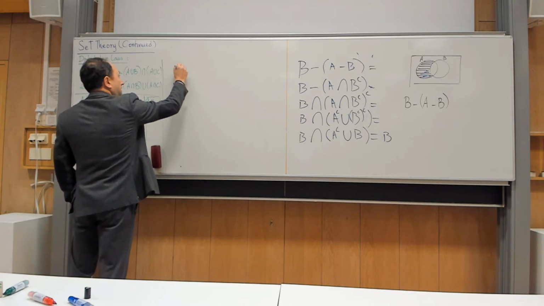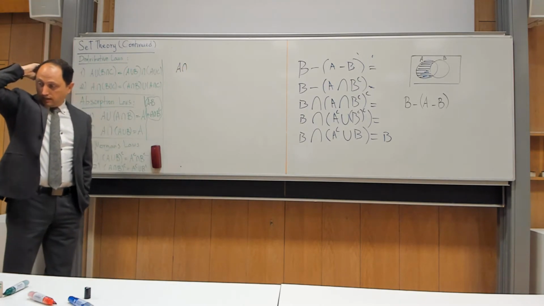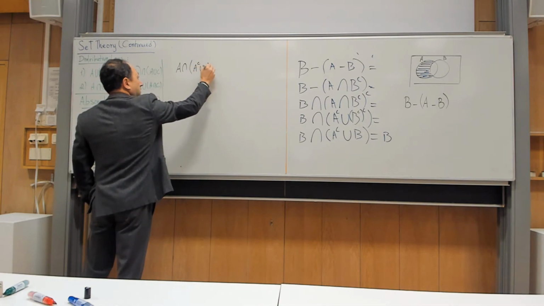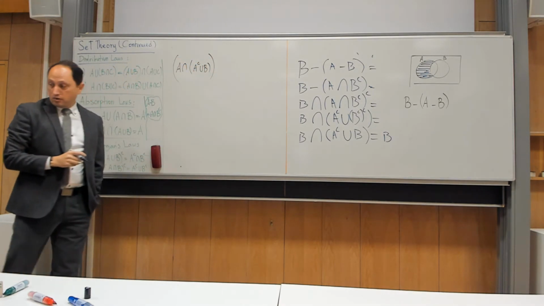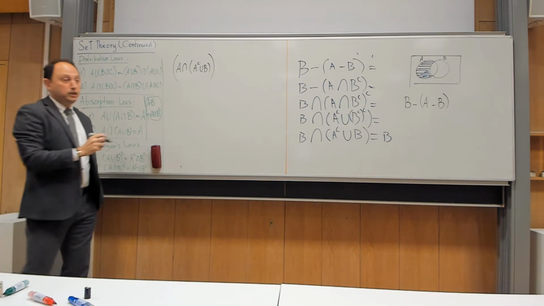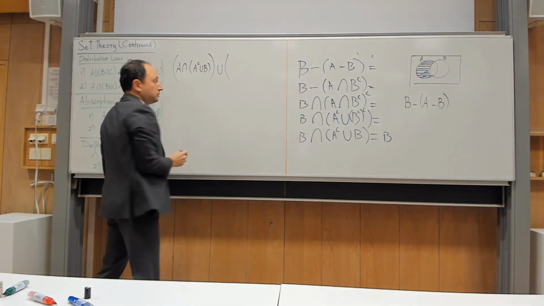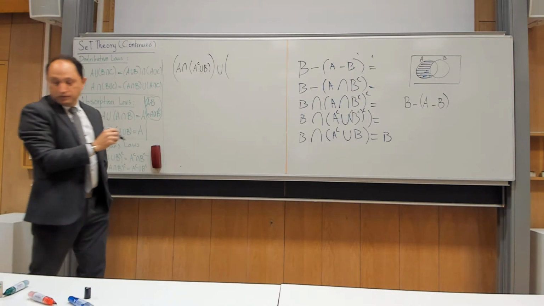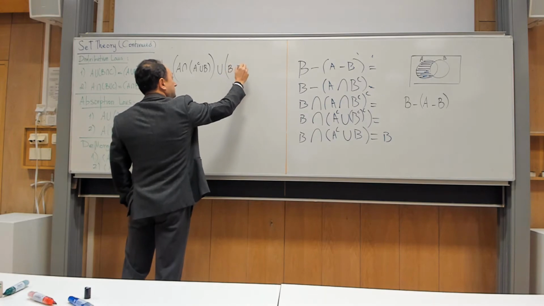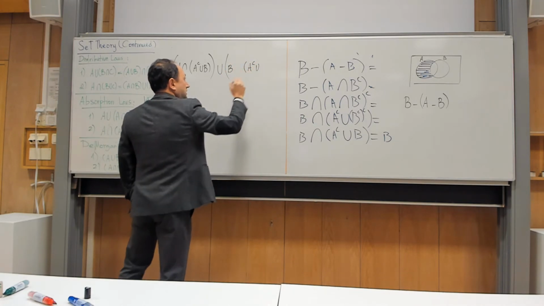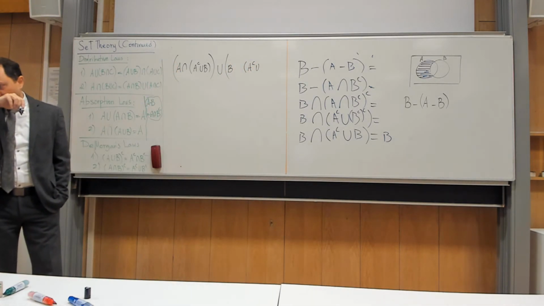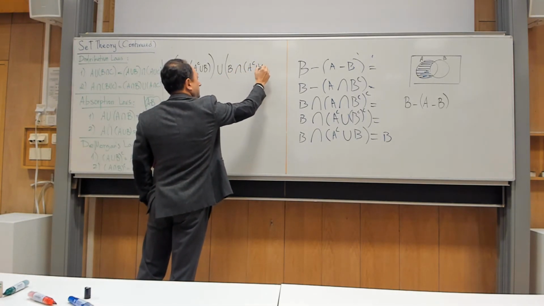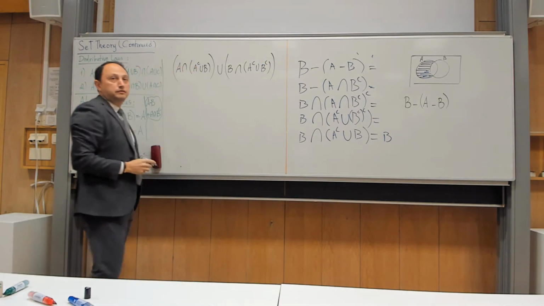I have A intersection A complement union B, and then this combination is union with this combination, B. I hope that everything there is right. So let me see. Before writing it, yes, that seems correct. I want you to simplify this.